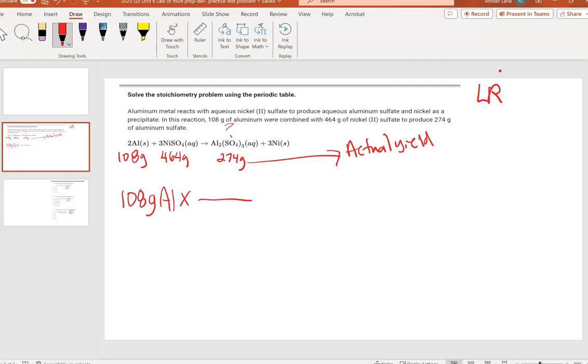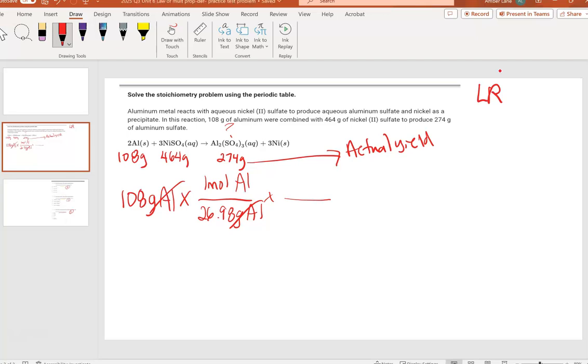Okay, so now I have to find the molar mass of aluminum. 26.98 grams of aluminum is the same as 1 mole of aluminum. So my grams are gone. Now I'm going to go up to my chemical equation, and I have to use my mole ratio. My mole ratio is going to be a 2-to-1 ratio.